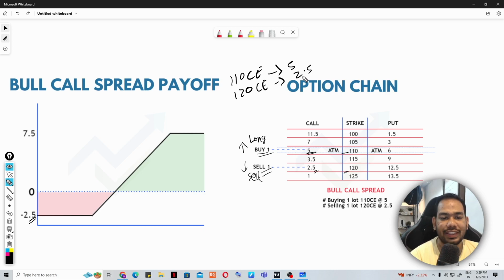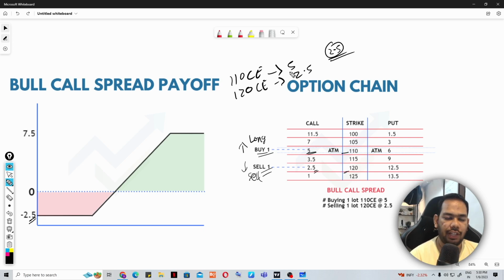So the net amount you pay is 2.5, because once you pay 5 rupees to make a long call at 1110, you simultaneously sell a 2.5 rupee option, which offsets that part of the cost. Now definitely this will require a margin.